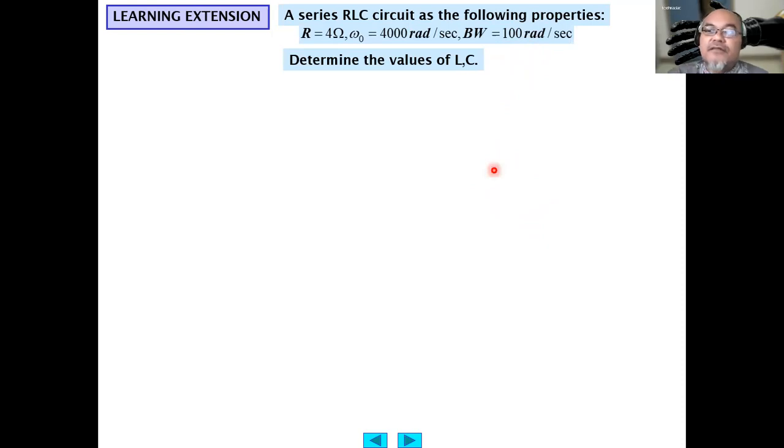So if the resonance frequency is known and the bandwidth is known, then we can calculate the quality factor. And from the quality factor, since the resistor is known, we can calculate the inductance value, and we can also calculate the capacitance value.